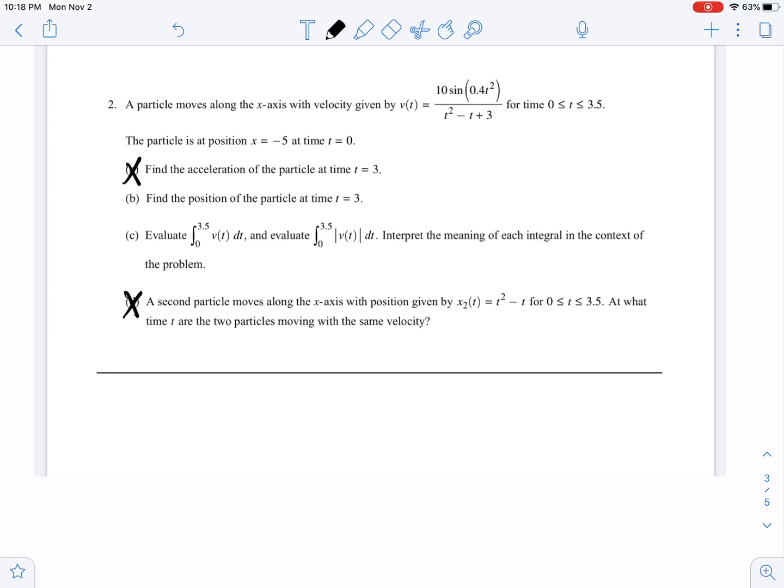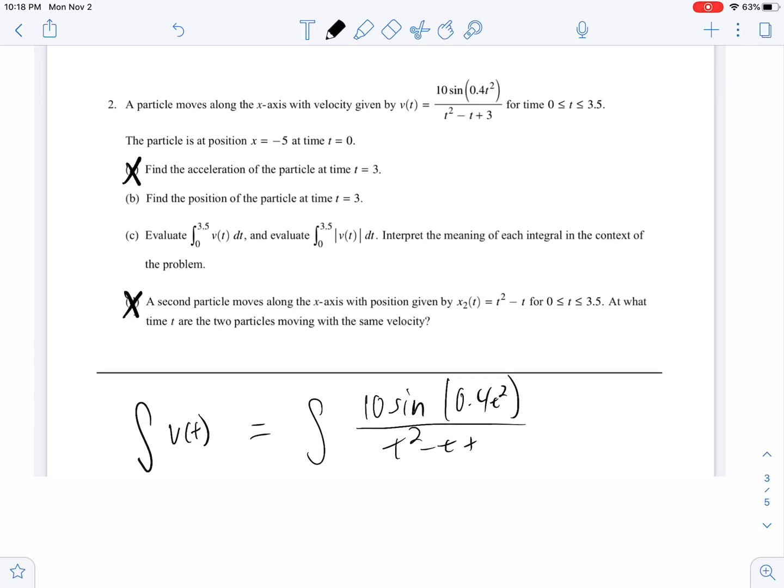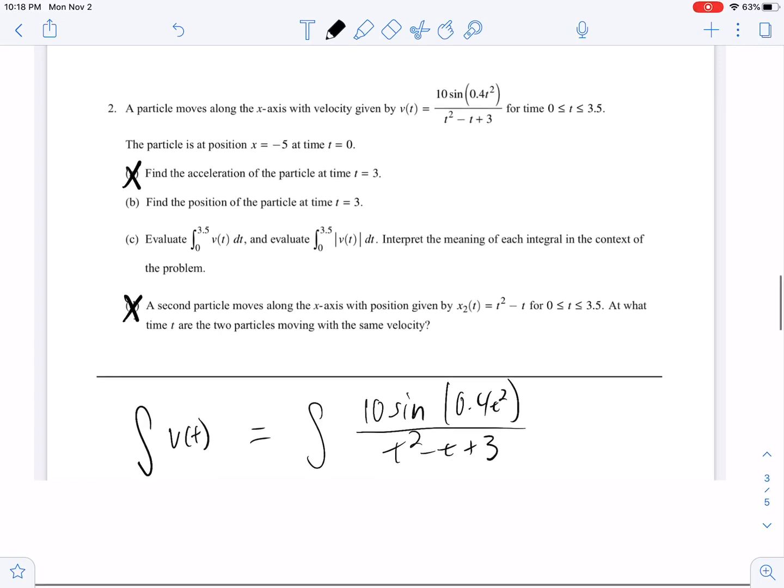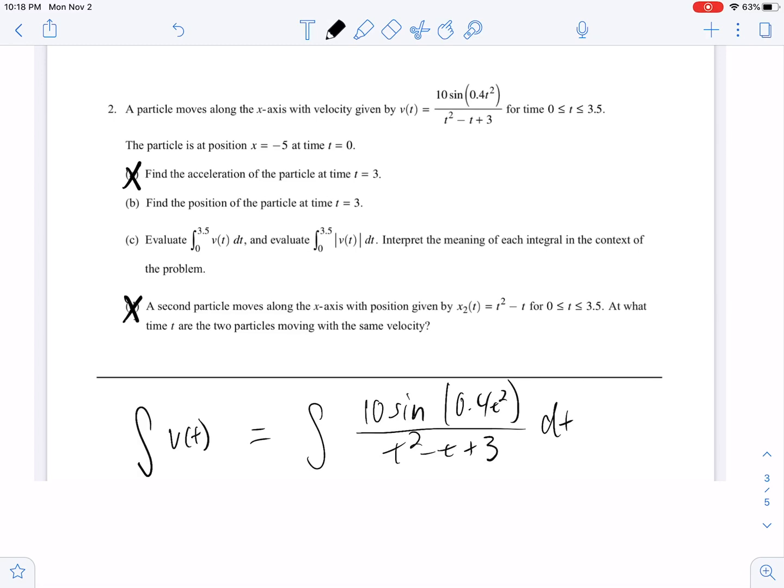So let's do that. We integrate v of t, right? So we want to integrate 10 sine of 0.4t squared over t squared minus t plus 3. And you might be saying, first off, what are my bounds? That's a good question.